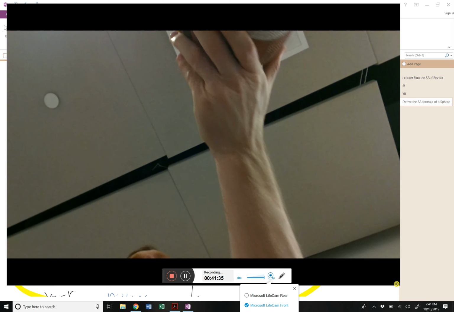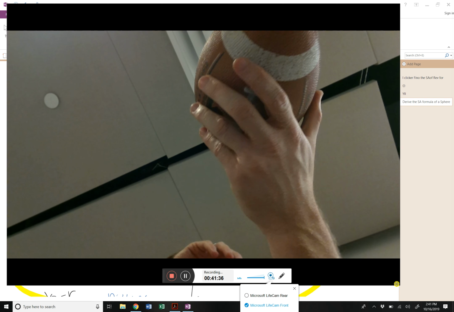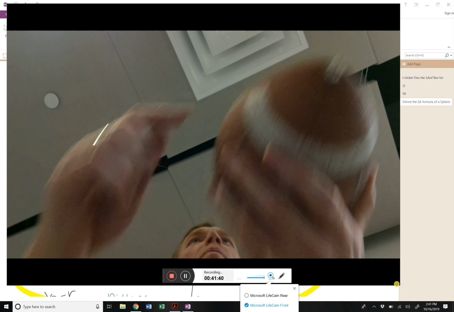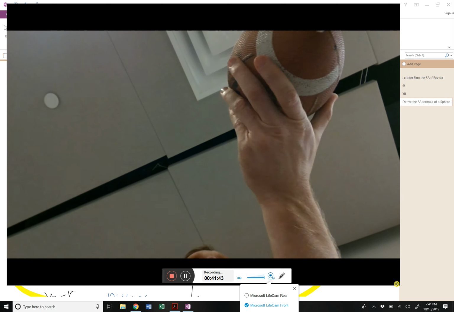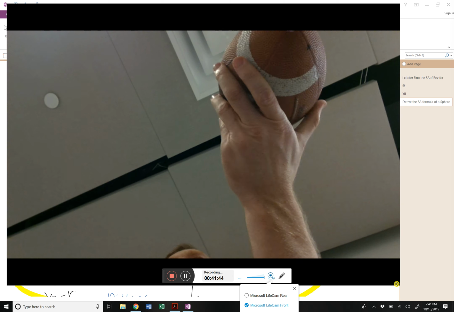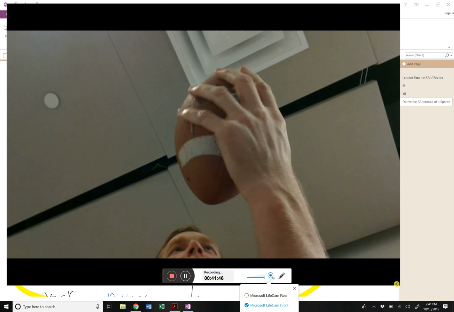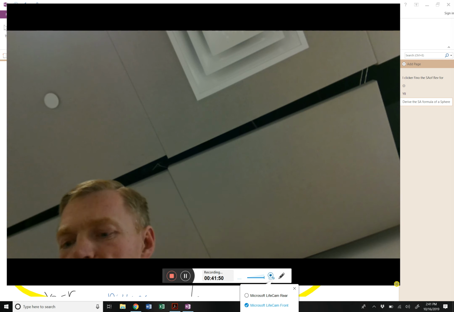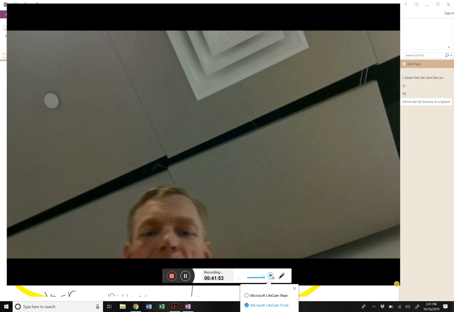If you were an ant or you lived on a really big football and you wanted to go from this dot all the way to this dot, what would be the shortest path to get there? So talk to your neighbor. No digging through the football.